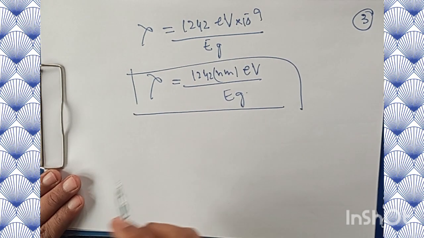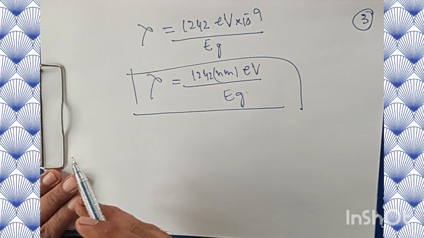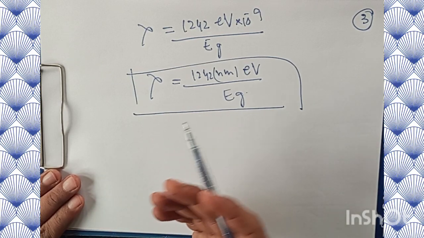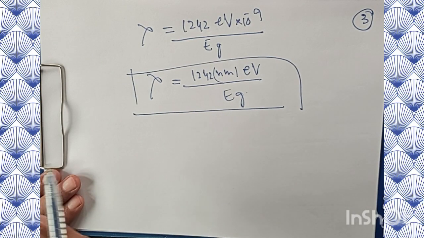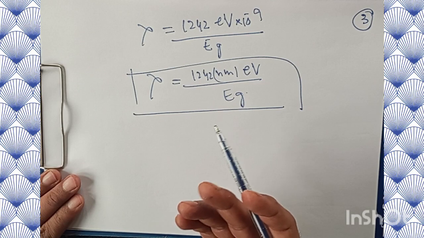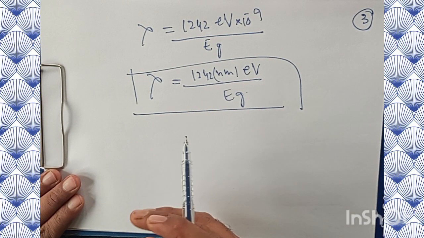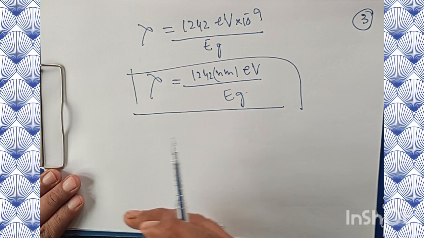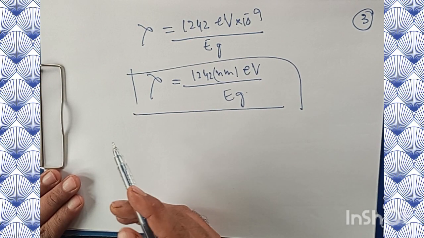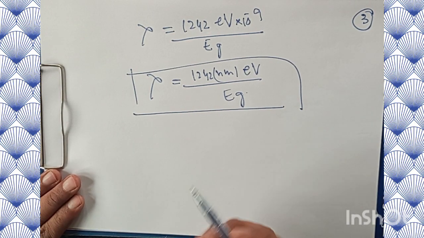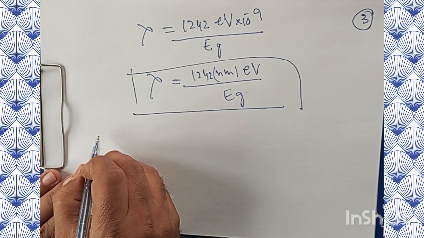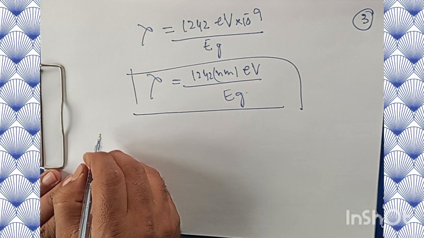So talking about the VI characteristics, they are same as that of elemental semiconductors, say silicon. There is knee voltage. So all these things are absolutely in the same domain. And now talking about the advantages of these LEDs.